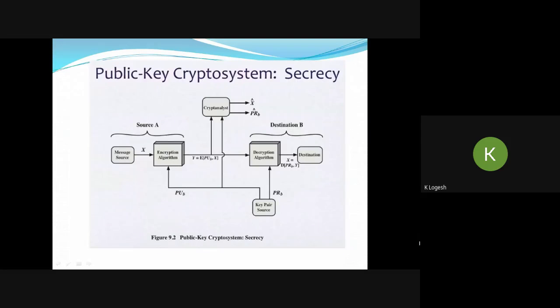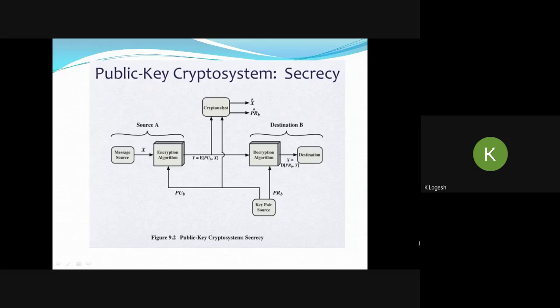The very first diagram shows secrecy. To provide secrecy, the sender sends the message encrypted with the public key of the receiver. In this diagram, A is the sender, B is the receiver.